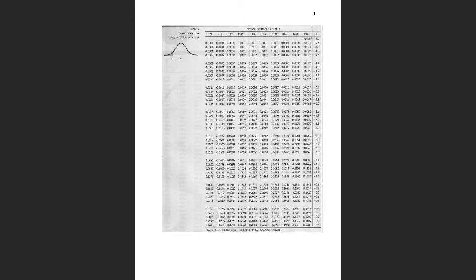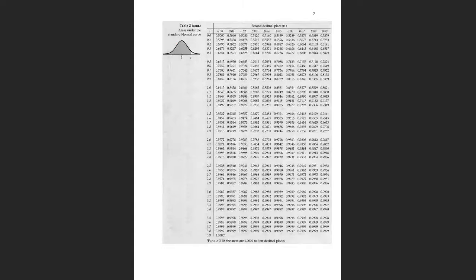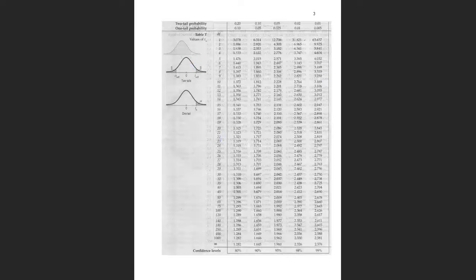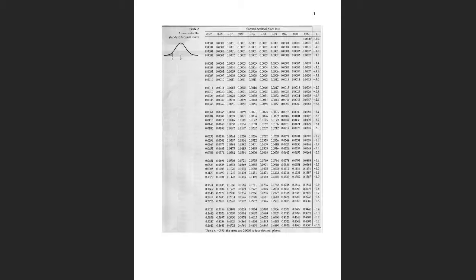I can make it larger, but I just want to show you there's 1, 2, 3 pages. The third page we're not going to refer to as yet. This is the second page. This is the first page. Now you can see a bunch of rows and columns. Let me make this a little bigger.